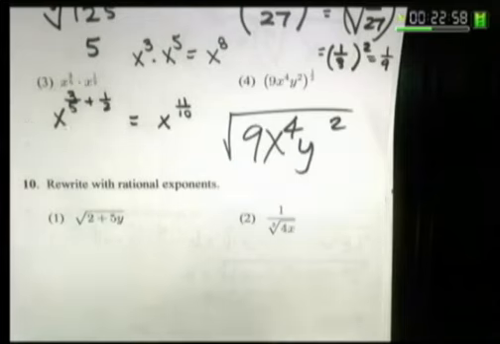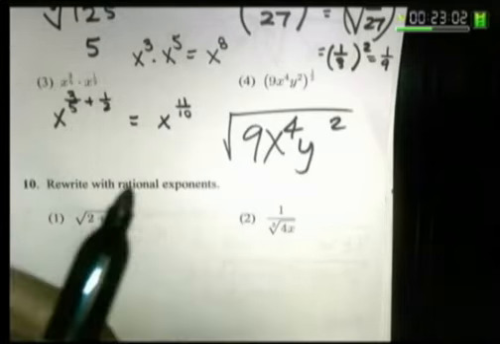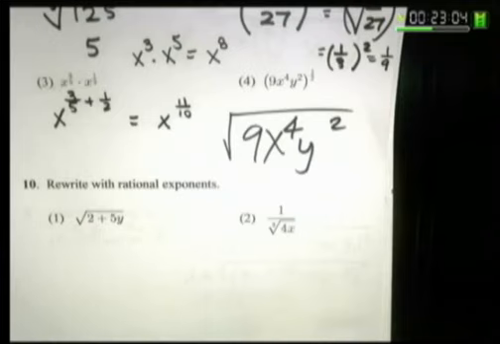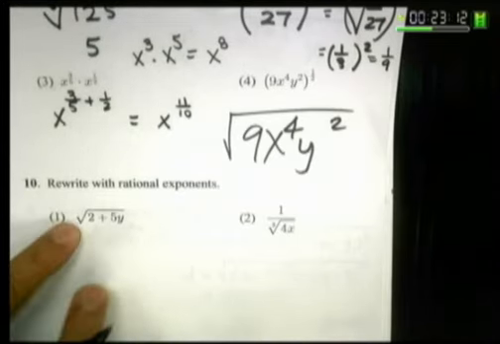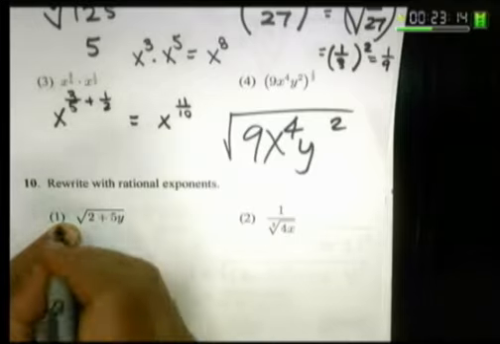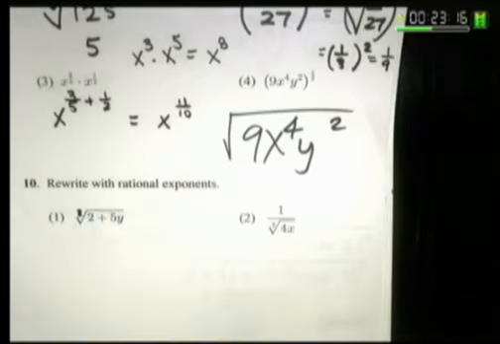All right. Now, they will have a problem like this on here as well. They'll say write this with rational exponents. In other words, we just talked about the fact that if it's a denominator, it becomes an index. If it's a numerator, it becomes a power. Now we're going in reverse. What's the index on this thing right here? It's a 2, right? So that must be your denominator, right?